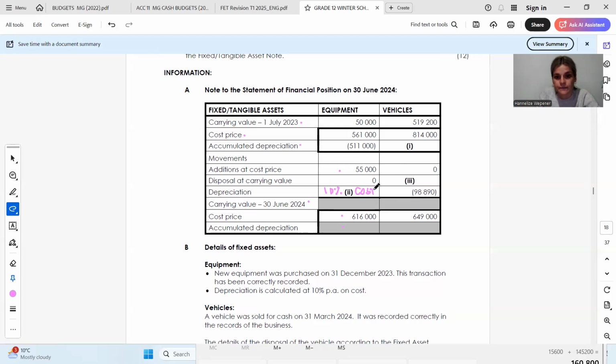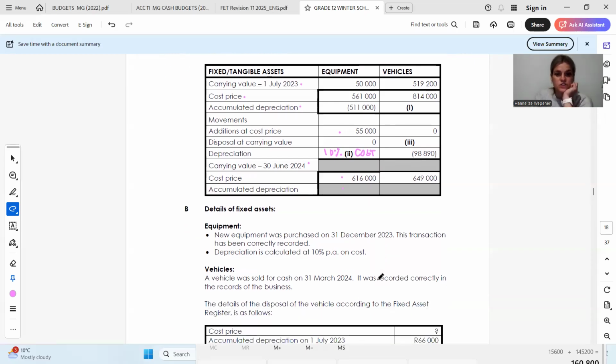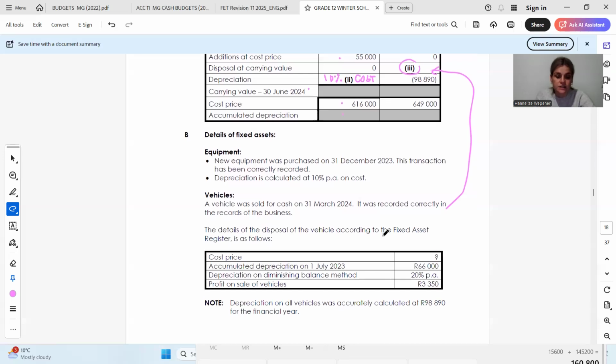Next up, it says that a vehicle was sold for cash on the 31st of March. It was recorded correctly. Okay, so your disposal here happened on the 31st of March 2024, and you recorded this correctly. The details were as follows.